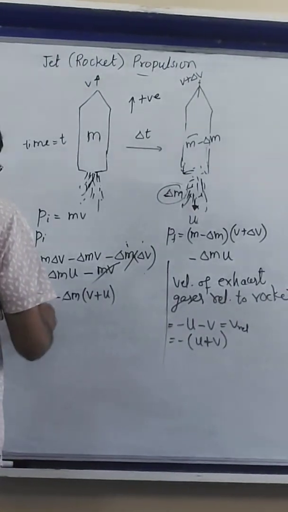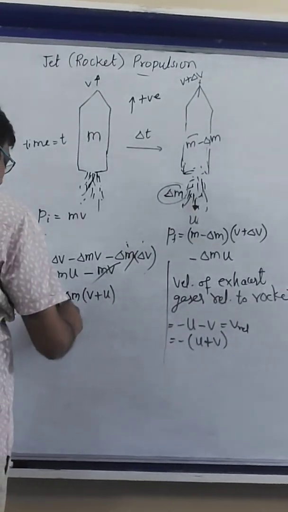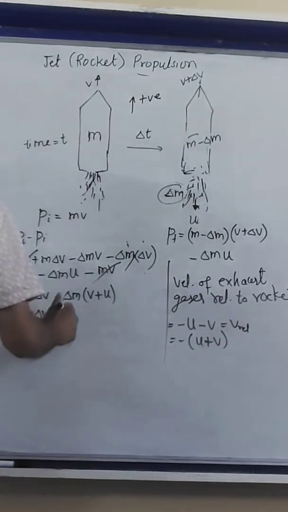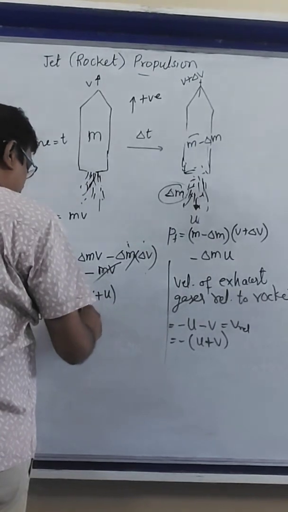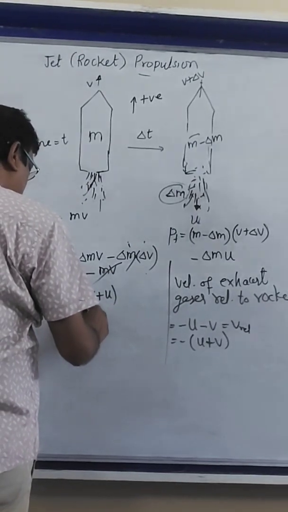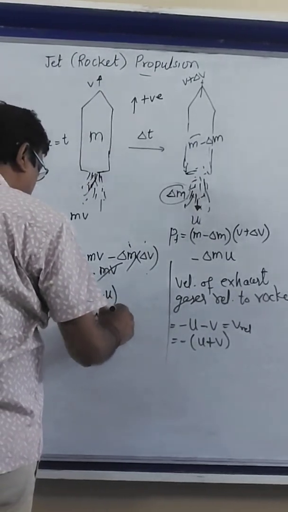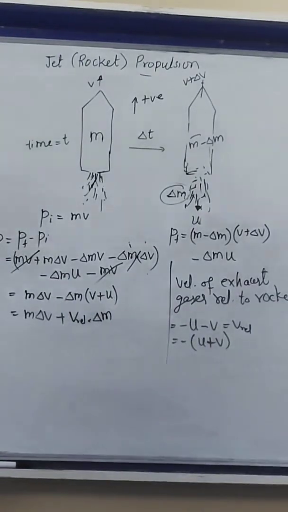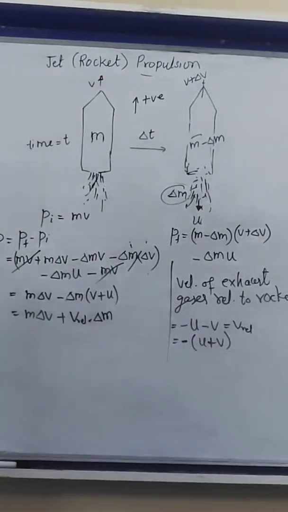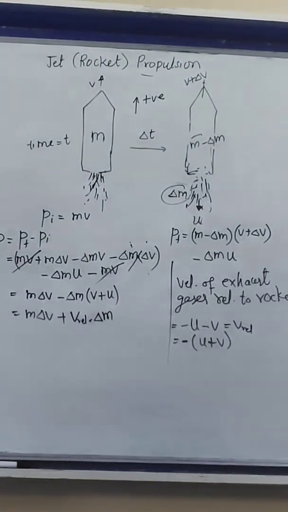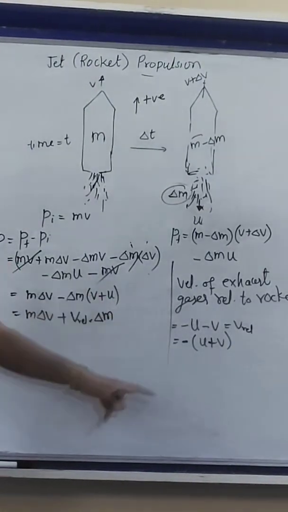So now I can write plus v rel into delta m, with proper direction I am taking. Is it clear? Minus v plus u is what? V rel.